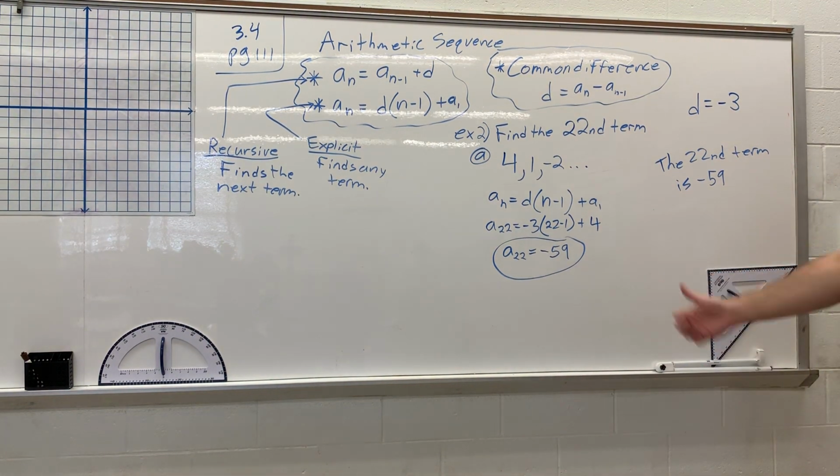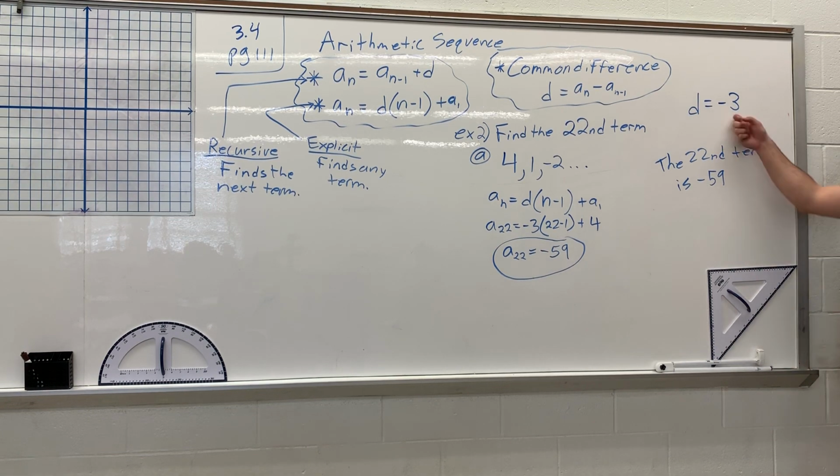This is easier? Yes. So Kenny, you said, why don't I just multiply negative 3 times 22, right? What's negative 3 times 22? Negative 66. So does that give me my answer? No. But it's close.